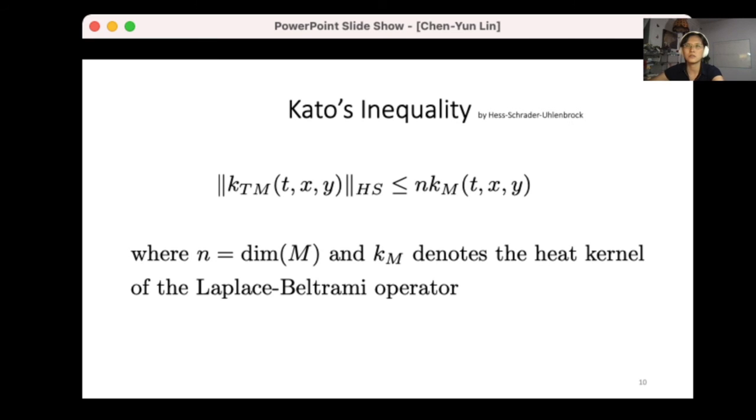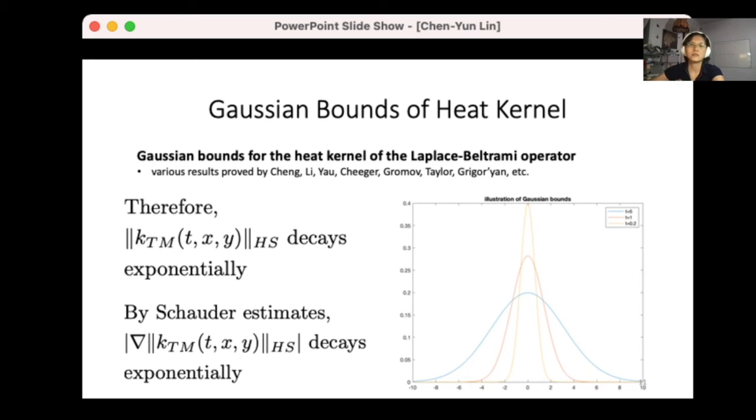Here n is the dimension of the manifold. This is a very important inequality, because we know a lot about the heat kernel of the Laplace-Beltrami operator.